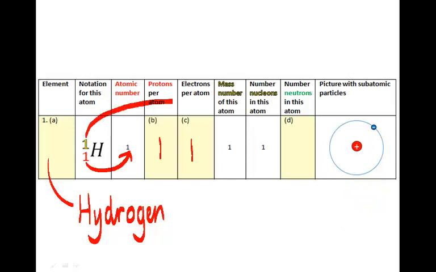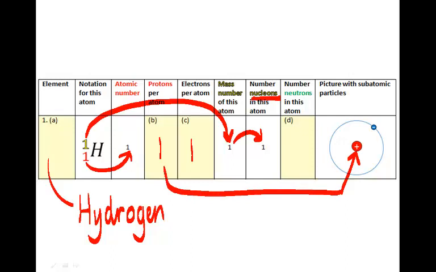The mass number of this particular isotope of hydrogen is 1, as shown by this number at the top. And that means that there is 1 nucleon in this particular atom, and that 1 nucleon is a proton we've already seen, meaning there's no space for any neutrons in this particular hydrogen atom.